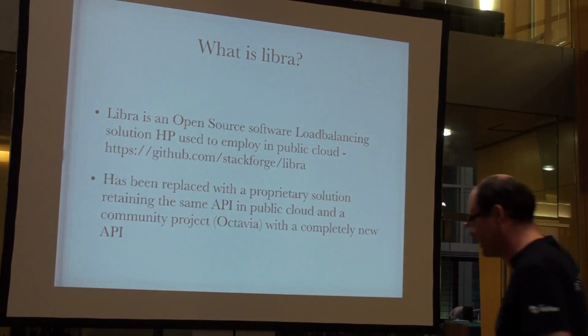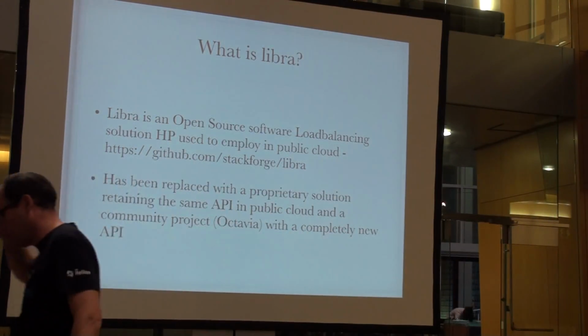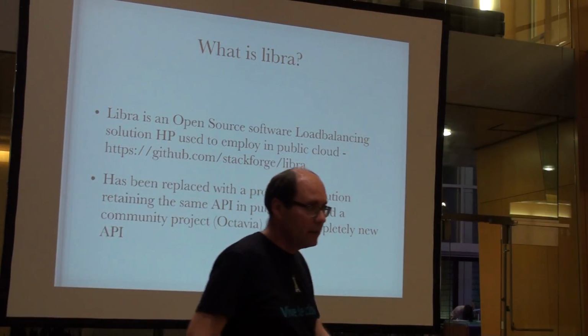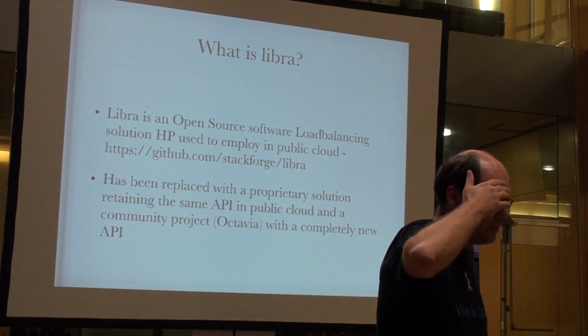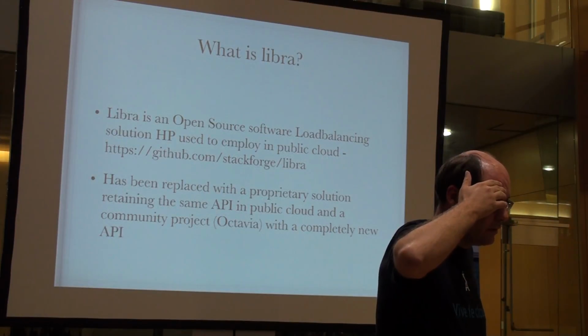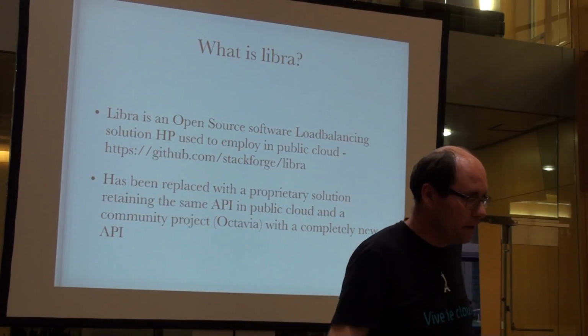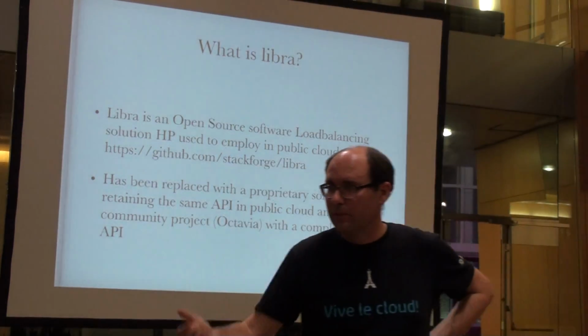So that's the use case I want to talk a bit about, and that's it in the past for us. We had an open source load balancing solution, and it was very painful because it didn't work the way it was supposed to. So we replaced it with something else and are working on a new open source solution.